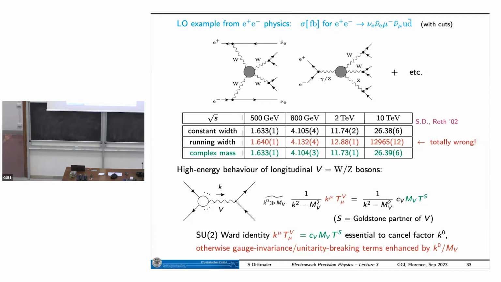In principle you could calculate the cross-section also with a supposedly stable vector boson, and then you would very explicitly see that you have this longitudinal polarization vector building up with this weird high energy behavior.